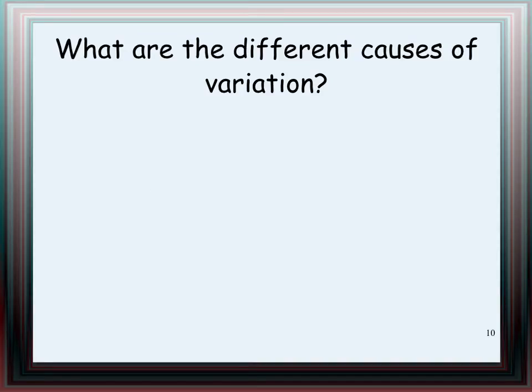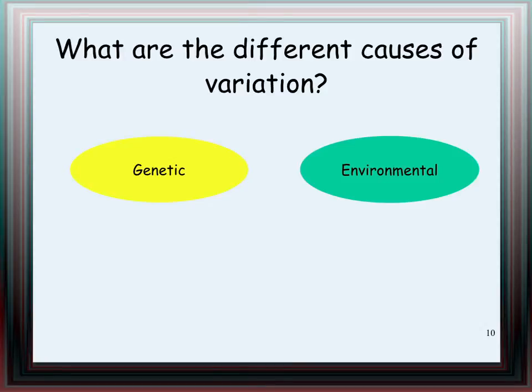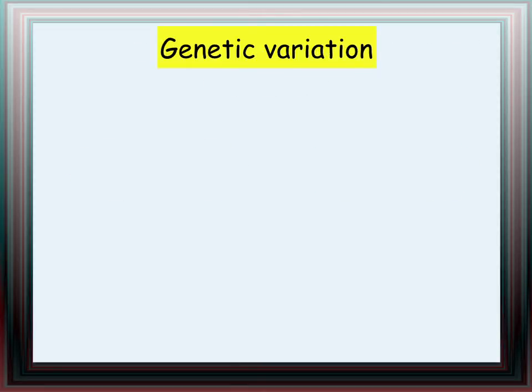Let's have a look at the different causes of variation. You've got genetic and environmental. Starting off with genetic variation, this is the result of the genotype of each individual. In other words, the genes they possess and the forms of allele of each gene that are present.